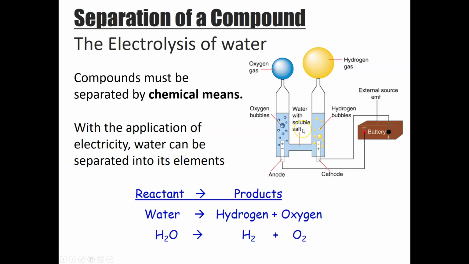But I can't just reach in there and yank on the molecules, right? I have to do something chemically. So one of the ways we can do that is to hook it up to an electrical source, and we can use electricity to rip the molecule apart for us. This is called electrolysis, where we're going to use electricity to do that for us because we can't really do that on our own.